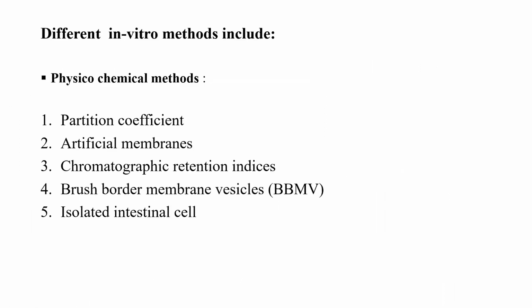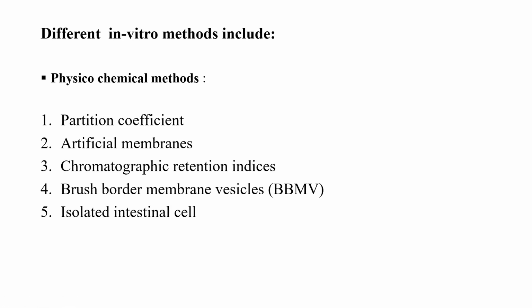So what are the different in vitro methods? You can use some physicochemical methods where you can determine the partition coefficient. Also, you can use artificial membranes. They may be made from organic or inorganic matter, and you can also use chromatographic retention indices to find the extent of absorption and permeability.